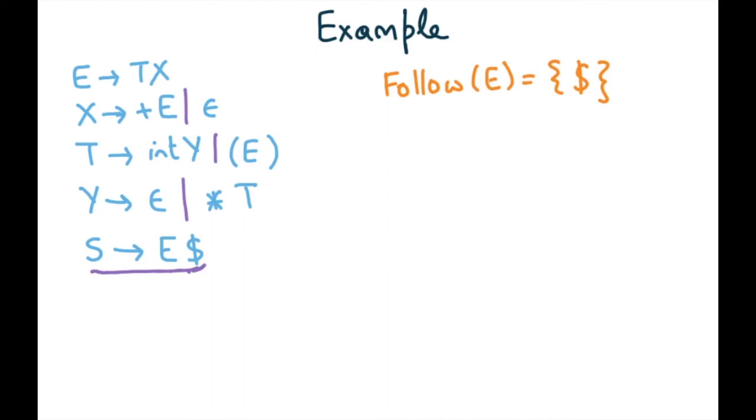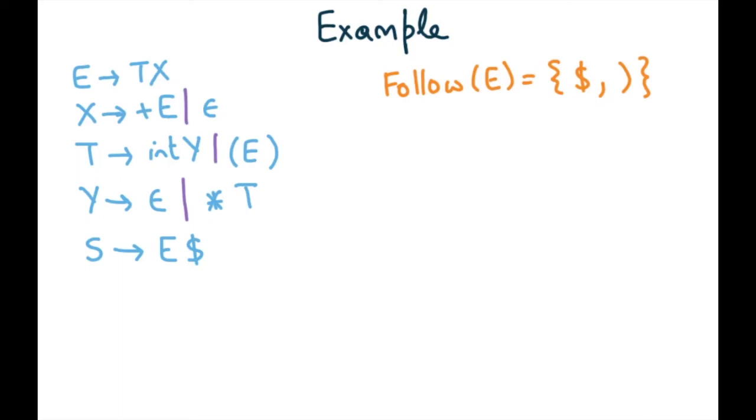Now I can also look at other occurrences of E in this grammar, and I find another occurrence of E here, where T is producing a parenthesized version of E. And notice that in this case, the token that is following E is the right parenthesis. And so now I can also include the right parenthesis in follow E, and I update my follow E set to include both the dollar token and the right parenthesis token. So far I have applied rule number 1 to populate follow E.